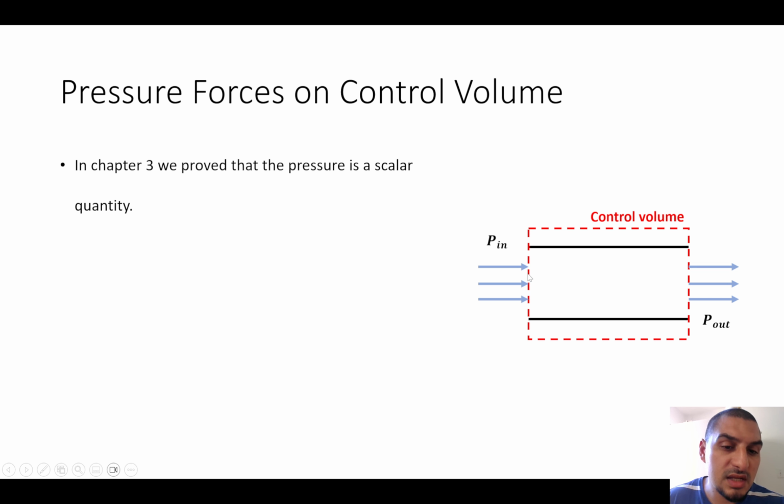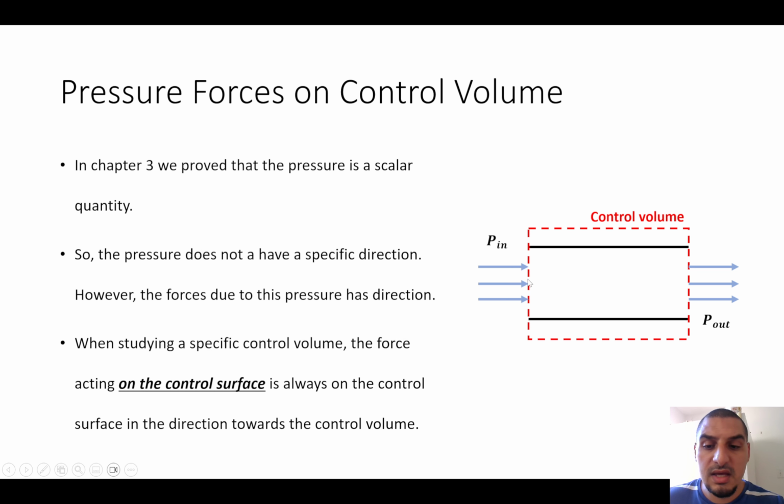We are interested in the forces acting on the control volume, so we say the force is going to be in this direction, because this is the direction of the force at this point acting on the control volume. Of course, there are forces acting backward and at different angles, but they are not on the control volume, so I don't care about them. I just care about what acts on the control volume.